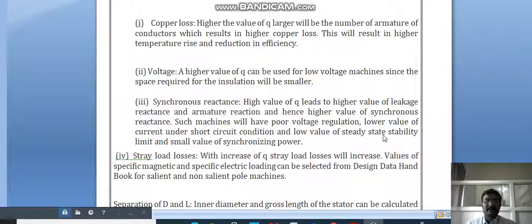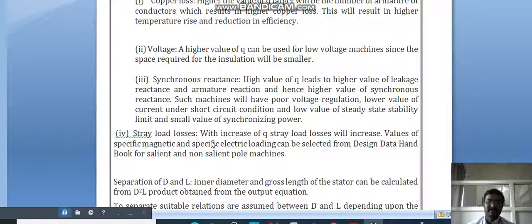There will be lower current under short circuit conditions, low steady state stability limits and small synchronizing power. So the synchronous reactance will be more when you go for a high value of specific electric loading.